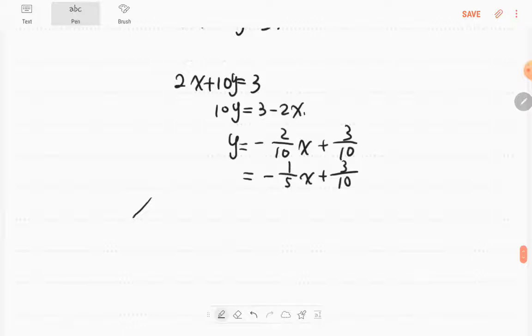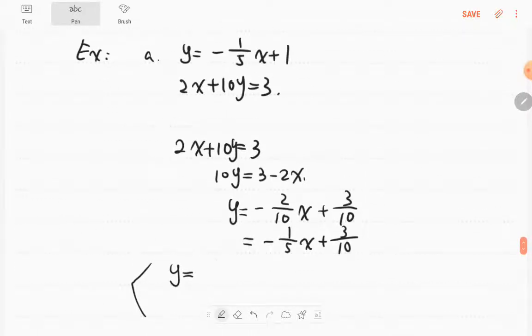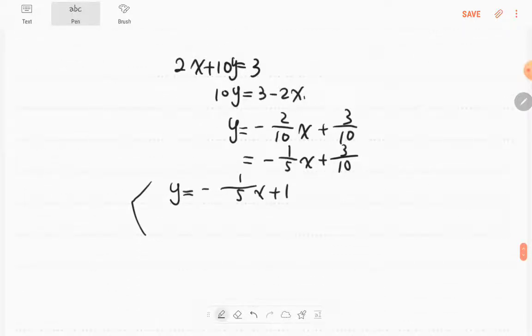Now we rewrite the two equations we have. We copy the first one, then pick the slope-intercept form for the second one.